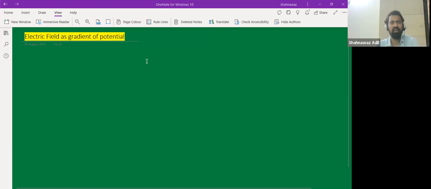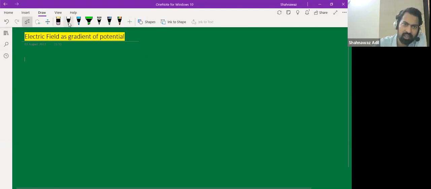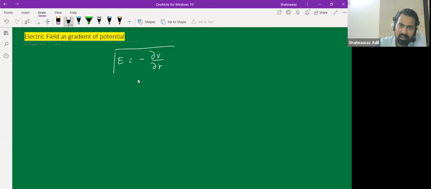So the electric field with respect to this potential is defined as minus of dV by dr. Whenever we take the differentiation with respect to distance, this is called the gradient.